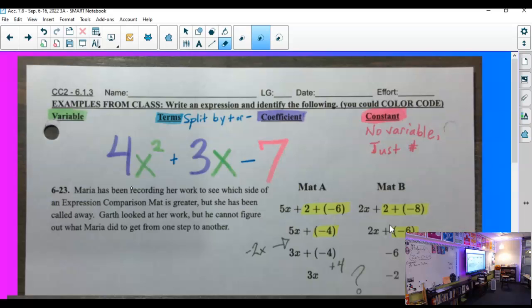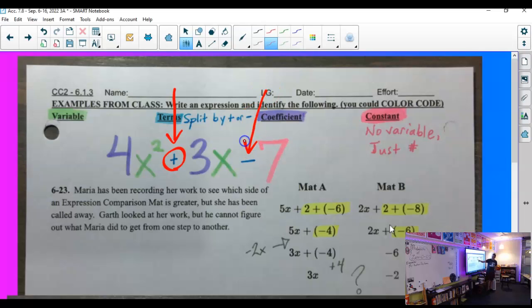Terms are split by a plus or a minus. Be careful: not a negative on a negative number. That will not split up terms. What I mean is the arithmetic of 4x plus 3x. That plus tells me 4x squared and 3x are two separate terms.